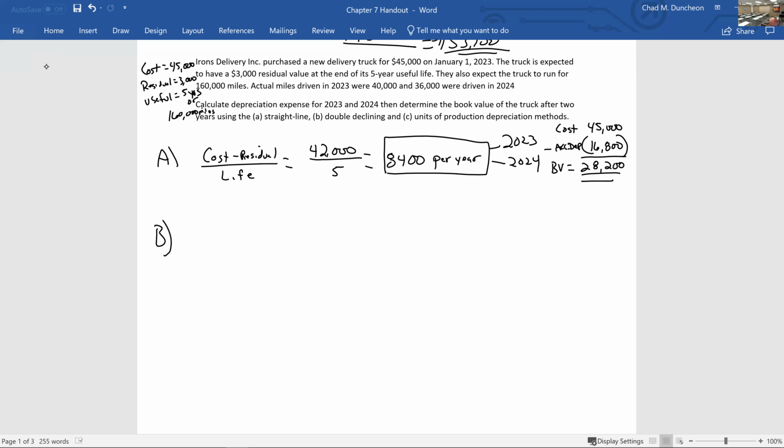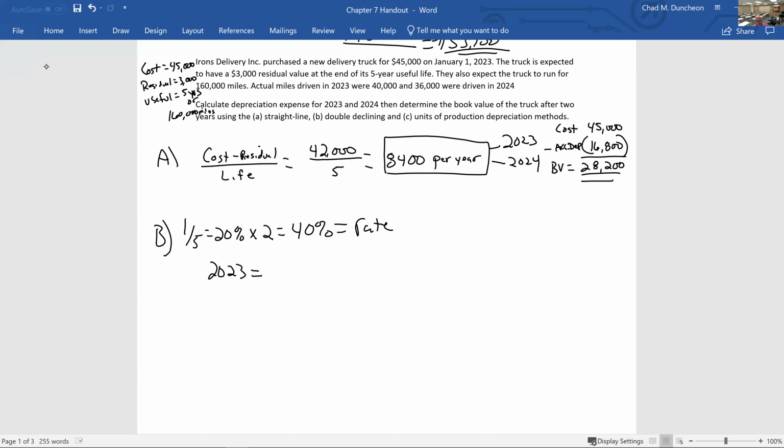For B, under the double declining method, first we need to find our rate. So we have 1 divided by 5 equals 20% times 2. All right, so once we have our rate, we find out we're going to depreciate at 40%. For the double declining, we do not worry about the residual value.